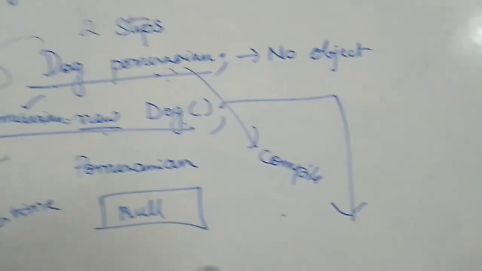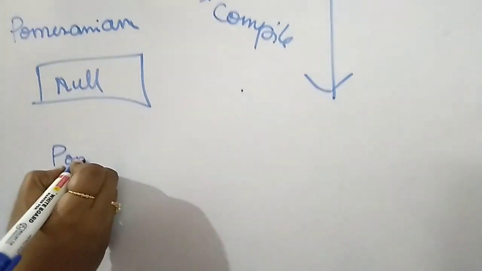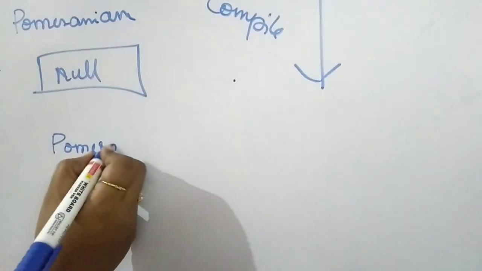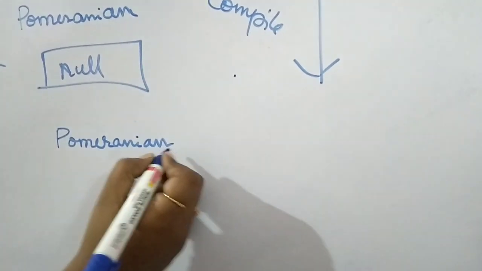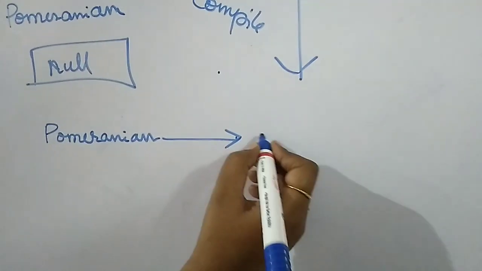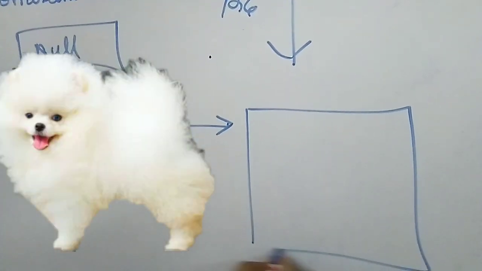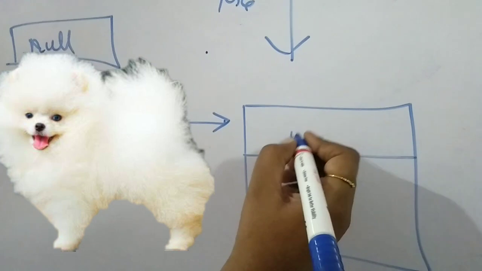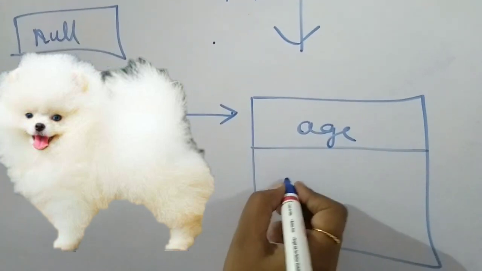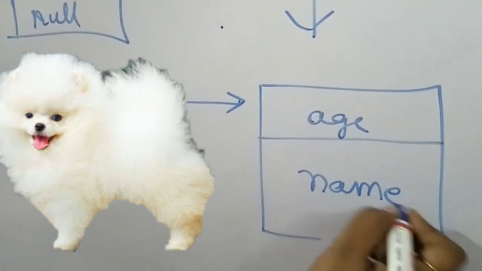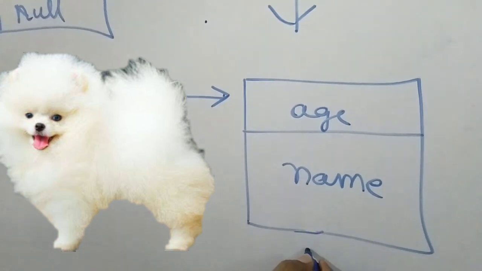At this particular step, we have a reference variable on stack which is Pomeranian, and this will be referring to the dog, which has some instance variables like age and name.